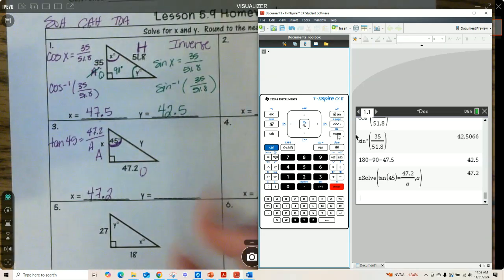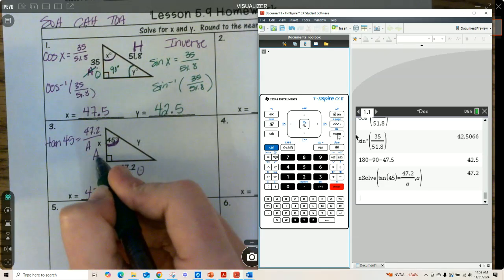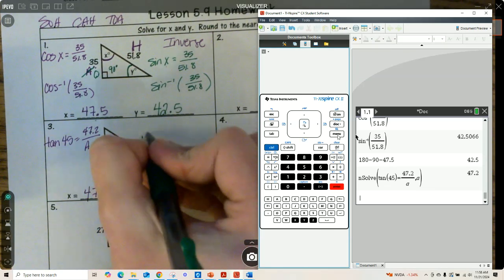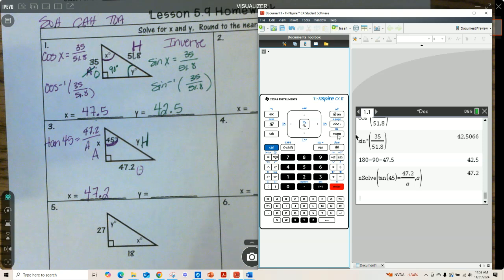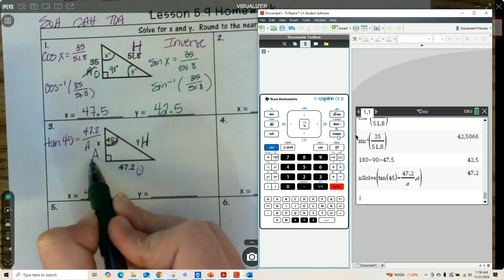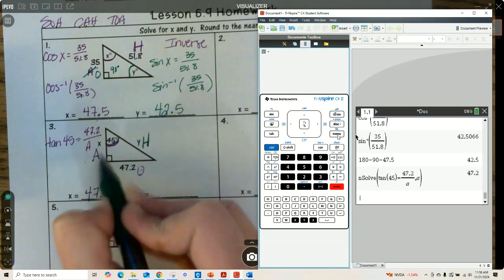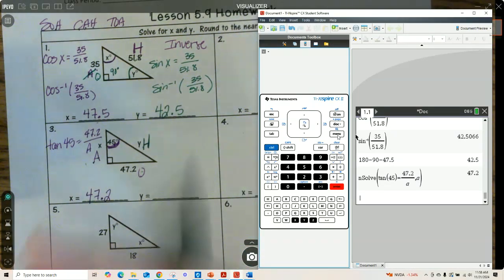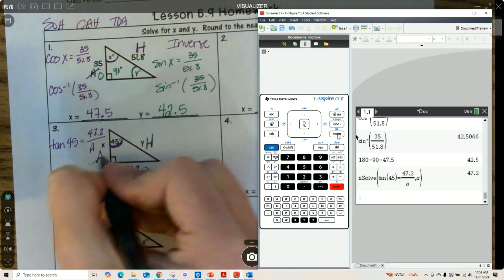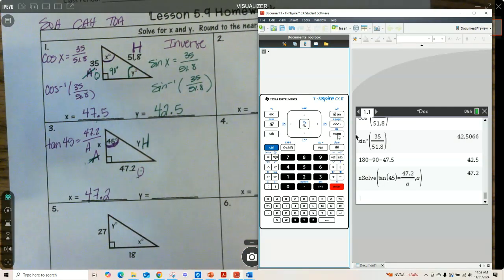Now to do the Y. So if this is opposite, this is adjacent, that means this one has to be the hypotenuse. I don't want to use the A. Okay? If we're solving a multi-step like this, we don't ever want to use a value that we solved for when we're trying to find a missing side. We always want to use what we're given, what the problem gives us, what the diagram gives us.